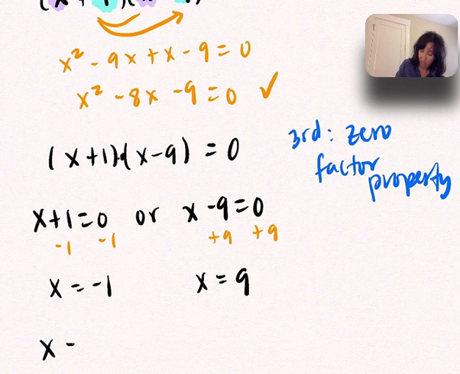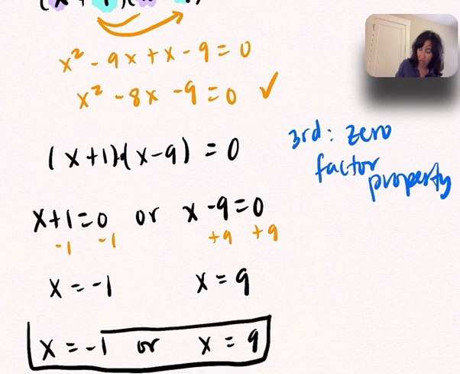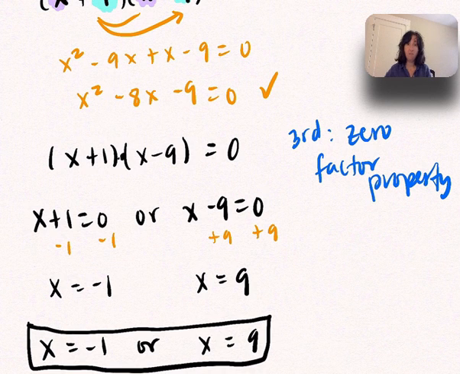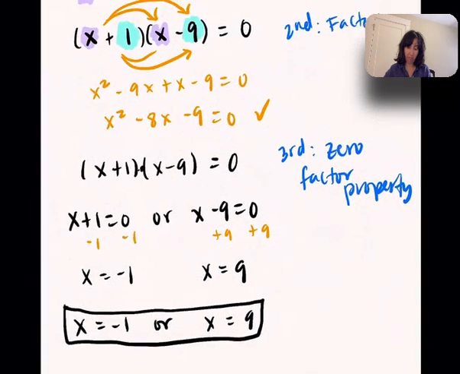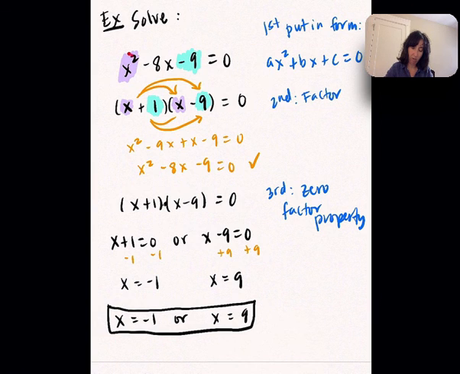If we plug in x equals -1 or x equals 9 into the original equation, we get that both sides are equal. So I'm going to zoom out and show you what I mean. If I stick x equals -1 into this x spot, this whole thing simplifies to 0. And if I stick 9 into this x spot, the whole thing will simplify to give you 0. So you can actually check your answer by doing that.